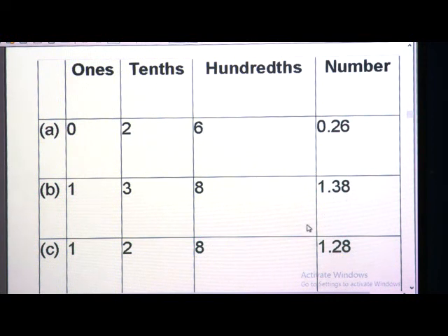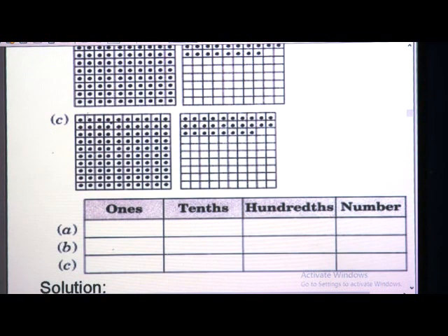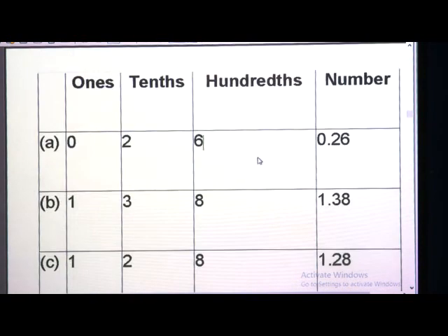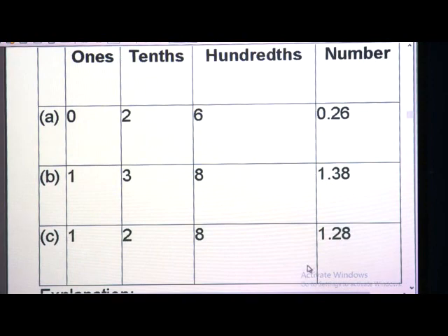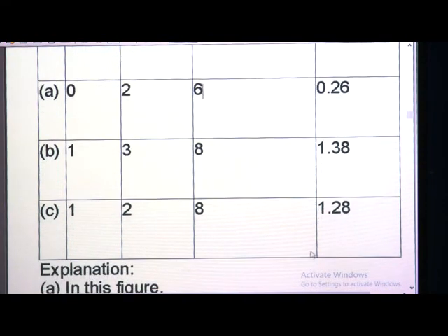Next, in ones place we have 1, in tenths place we have 2 and in hundredths place we have 8, counting 1, 2, 3, 4, 5, 6, 7, 8. So, we got the number as 1.28.